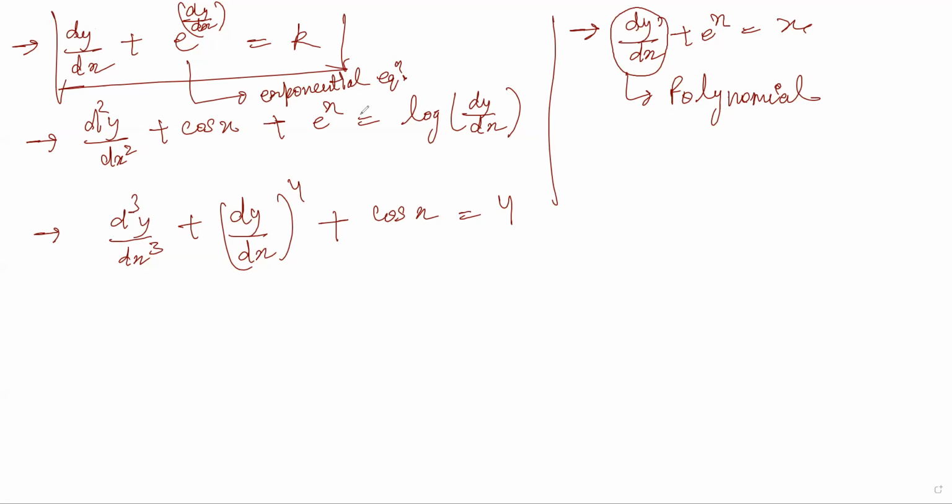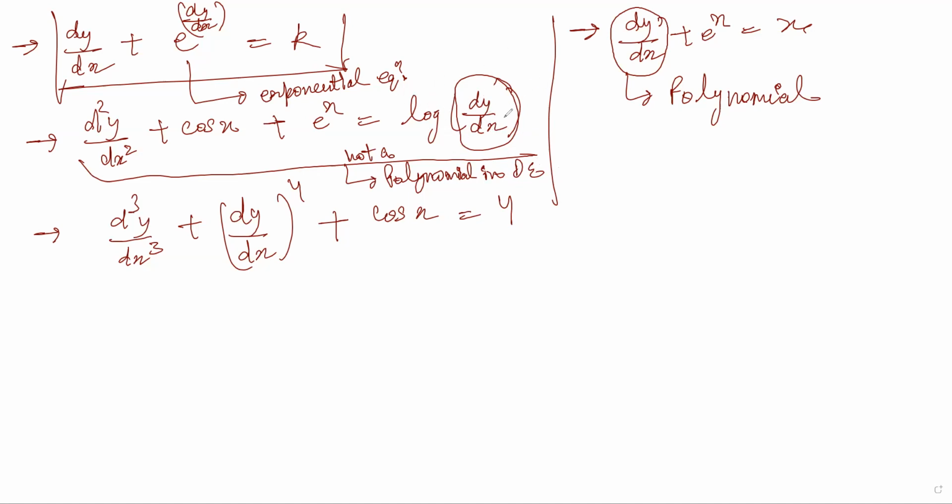Whenever we are using a derivative in the form of other functions, that equation will not be a polynomial. Let's take the second equation, d2y by dx square plus cos x plus e to the power x is equal to log of dy by dx. This equation is also not a polynomial, because we are using dy by dx inside a logarithm function.